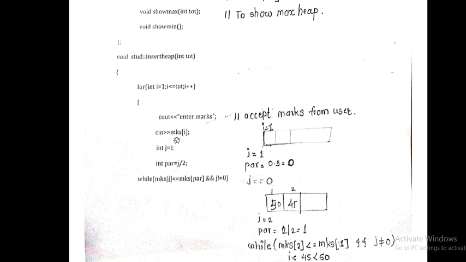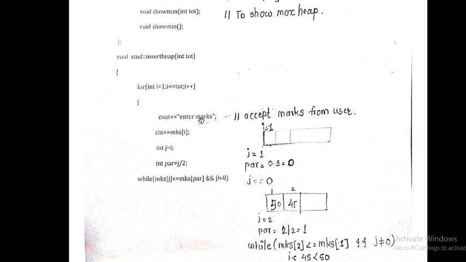The for loop runs from i equal to 1 to total, so suppose total is 10, then 10 times it will ask to enter the marks, because we are taking them for a particular subject only. So it will ask for every student's marks.